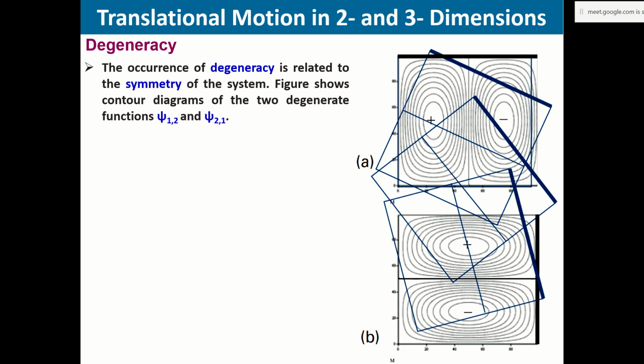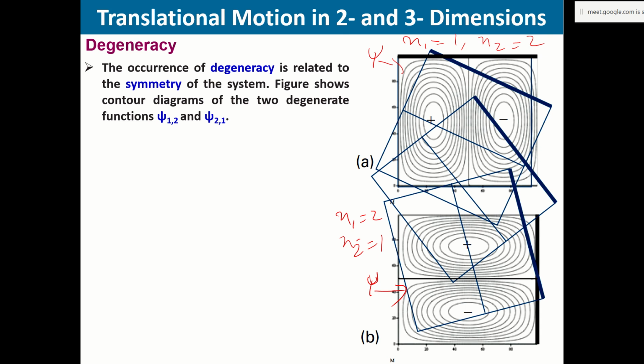So these are the contour diagrams for 1 2 and 2 1. This one is for n1 equal to 1, n2 equal to 2, and the lower one is for n1 equal to 2 and n2 equal to 1. This is the psi wave function profile for the two degenerate wave functions.